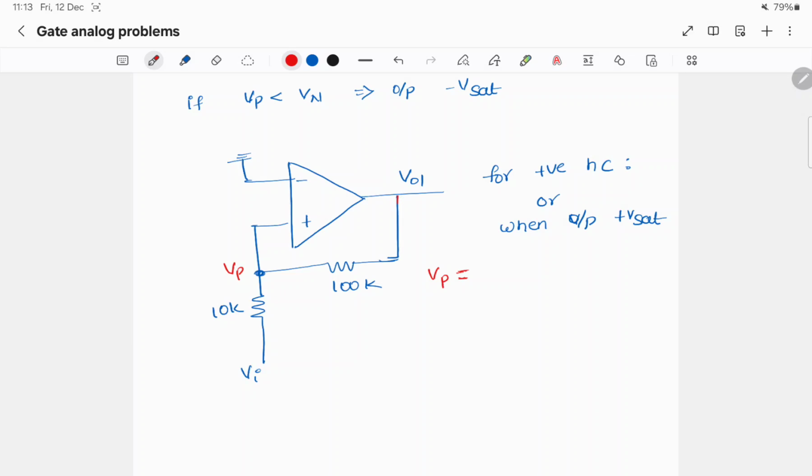This is at positive Vsat and this is at Vi. If I consider only Vi, Vp will be 100 by 110 times of Vi, plus if I consider only VO1, this will be 10 by 110 times of output, which is plus 10 volts.